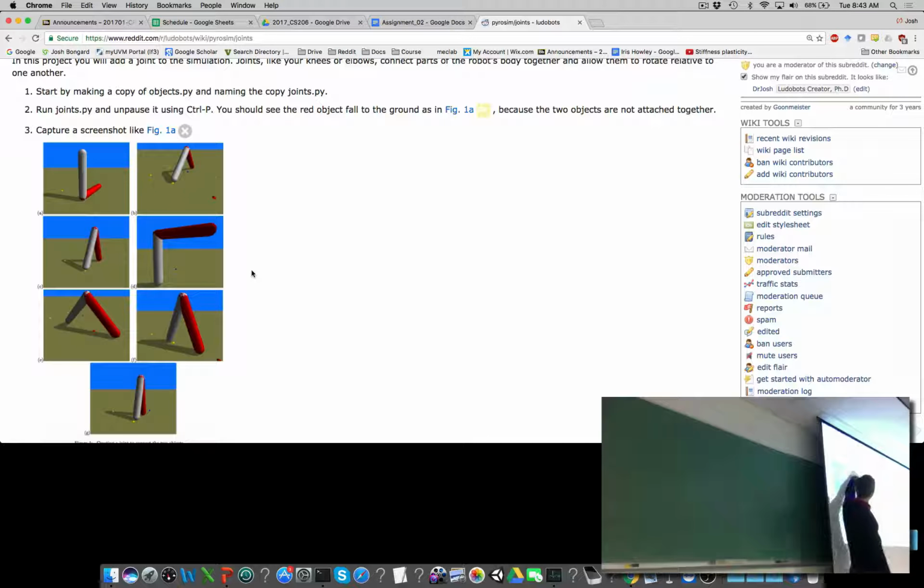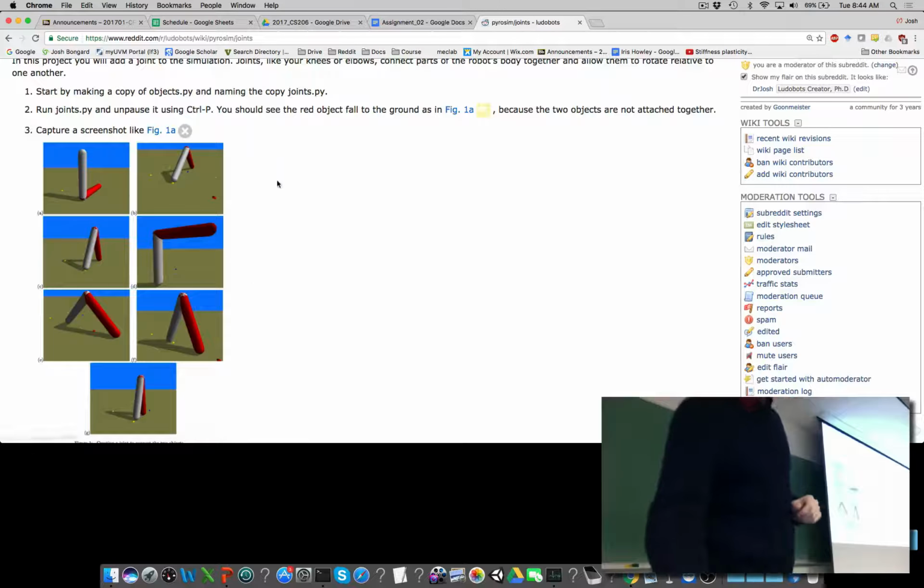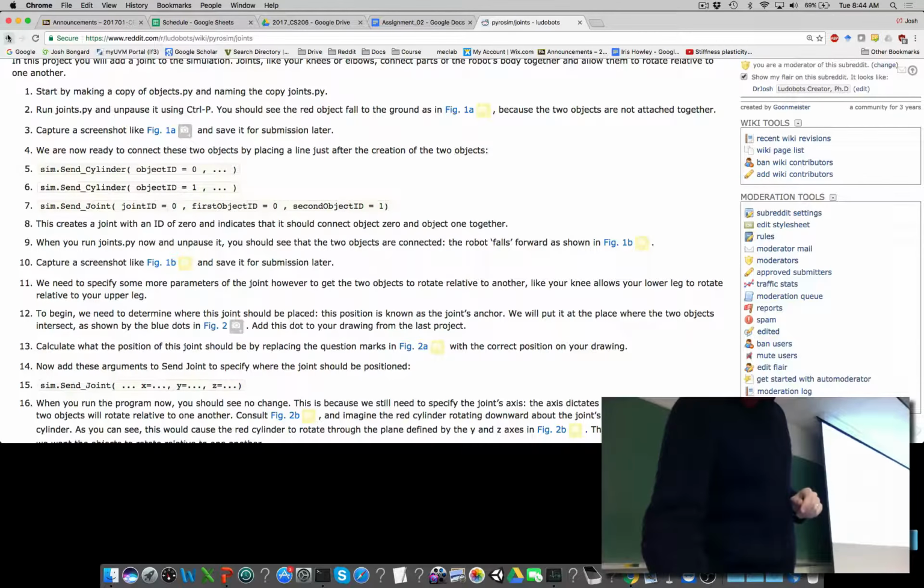You're then going to attach these 2 objects together with a joint, and your robot is going to fall forward like you see in panel B here because it's attached at the point where the cylinders connect. What is that point? What is the XYZ of the point at which the cylinders touch one another? 0, 0, 1. Close. I'm sorry, I think I got ahead of myself here.